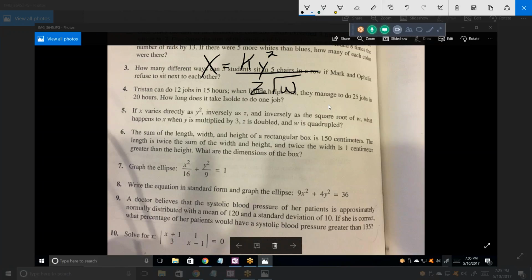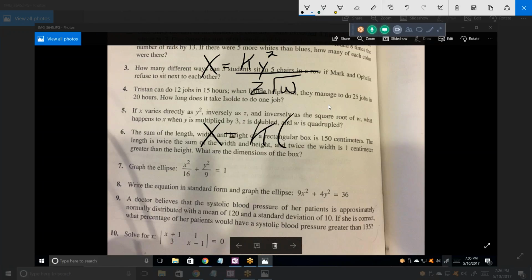How would I write that part of the equation then? Well, first of all, they want a net answer. They don't want what happens to x as y is multiplied by 3. They want to know what happens to x if y is multiplied by 3, z is doubled, and w is quadrupled. So let's write that.